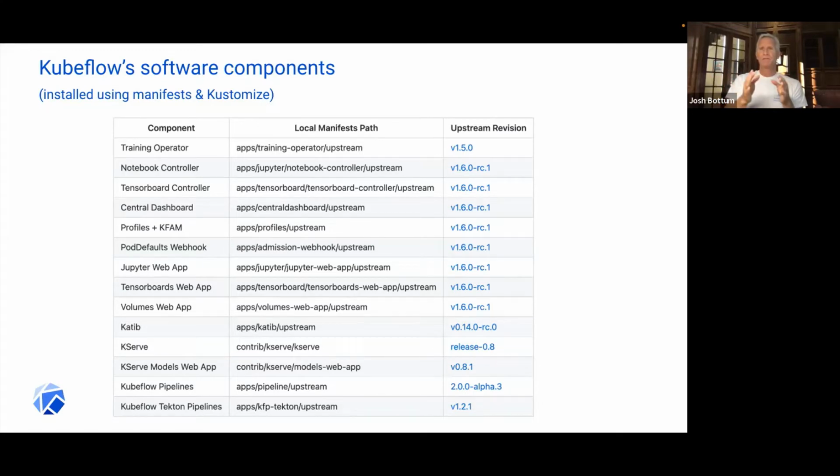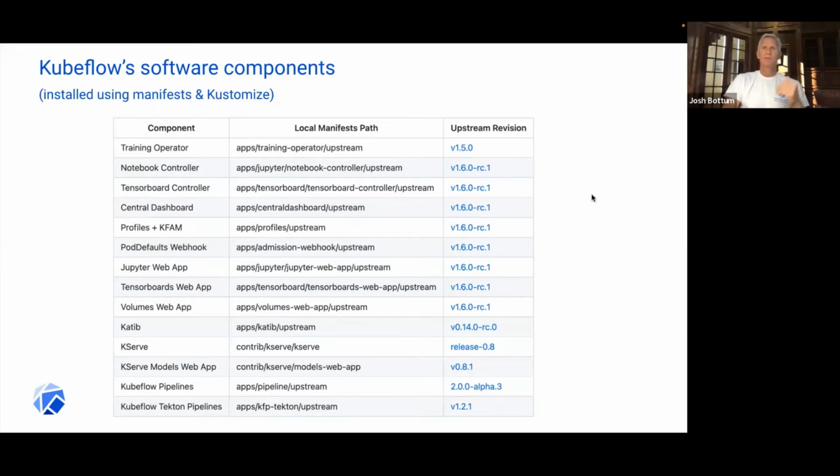That's because each of these are separate independent software projects that then are all tested together and developed into various Kubeflow releases. So, the central dashboard is 1.6, but the training operator might be running 1.5 because that's just its own internal development cycle, whereas KServe might be running 0.8 and Kubeflow Pipelines running 2.0. So you have a lot of different components that are put together, tested, documented, and then delivered.